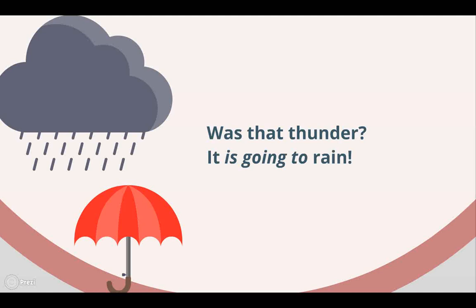It is going to rain. Here, I'm not foretelling the future, but I am making a pretty good guess because I heard thunder. So I have evidence that in the future it might rain. So here I'm making a prediction, and because I can be confident in that prediction, I will use is going to.